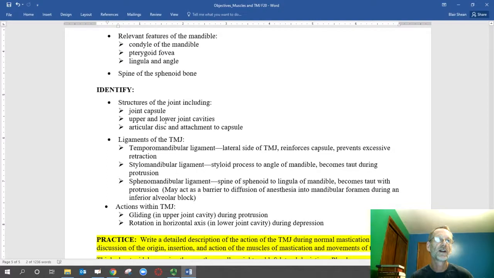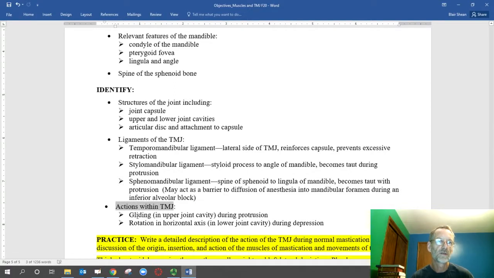Things to identify are the structures of the TMJ, which we're going to go through, the joint capsule, upper and lower cavities, the articular disc, etc., and then the ligaments of the TMJ. There are 3 of them that are listed, and then the actions of the TMJ.